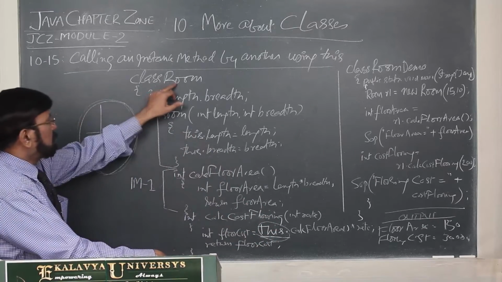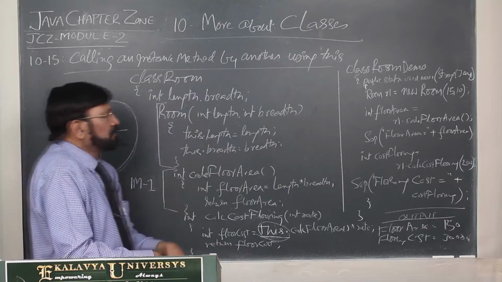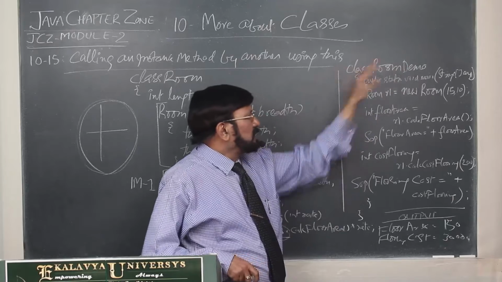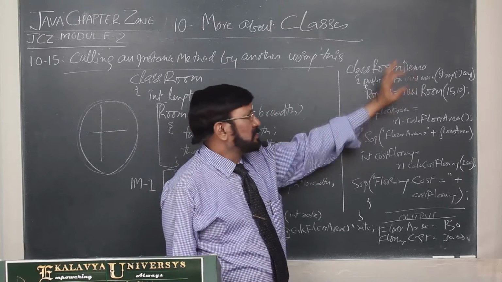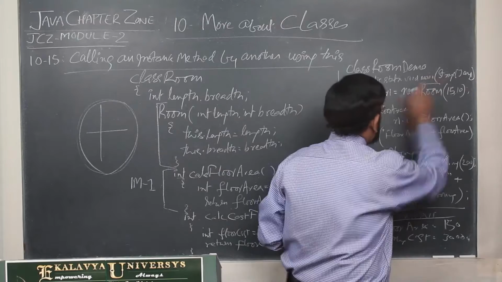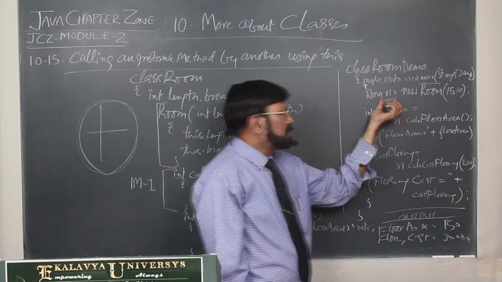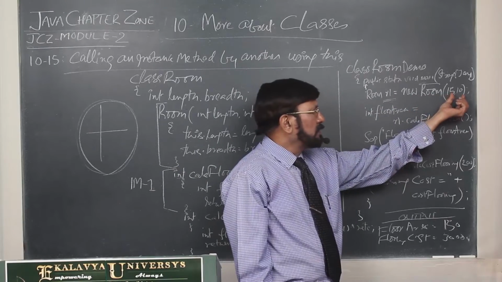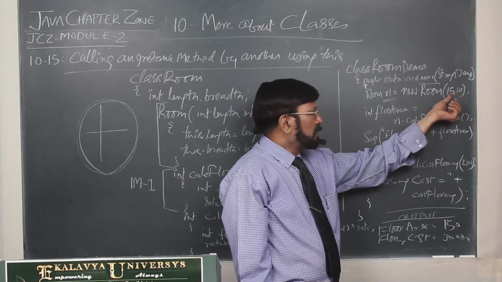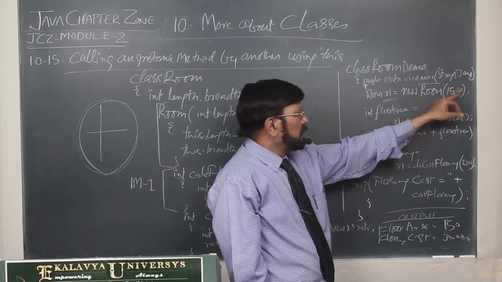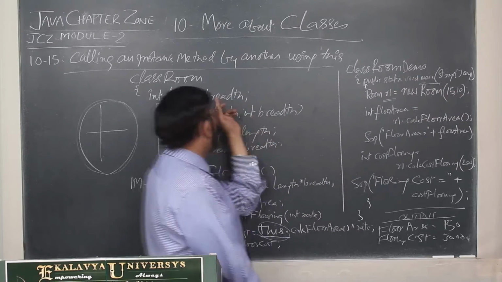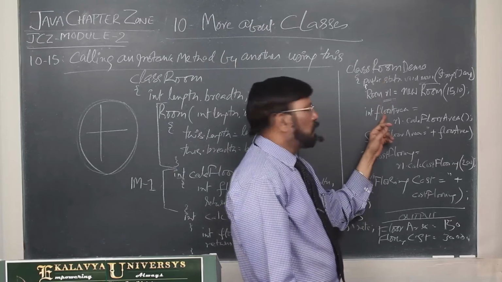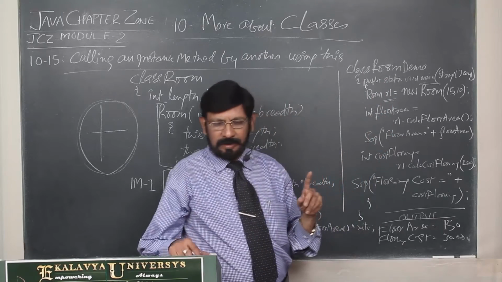So, in this manner, we have defined the Room class. Thereafter, the implementation. This is the blueprint class, and this is the implementation class. In this main method, we have created the R1 object: Room R1 is equal to new Room(15, 10), 15 for instance variable length and 10 for breadth. Thereafter, floor area is a local variable, always remember that.